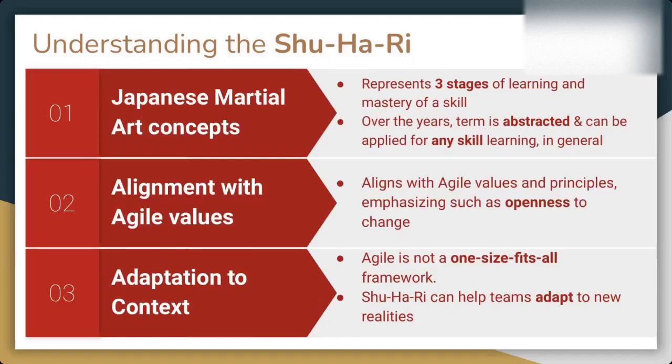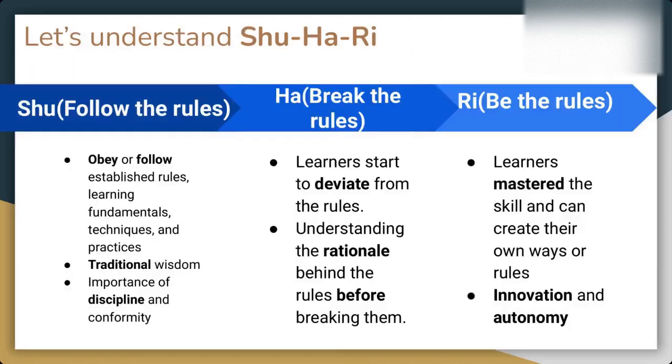So Agile is not one size fits all. And we can say that this Shu-Ha-Ri model can actually help the team adapt to new realities. And again, we will see how this can be helpful in more detail in the coming slides. So let's begin our understanding of the meaning of those three words.